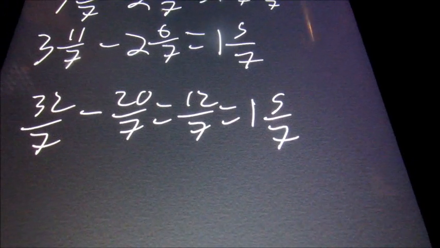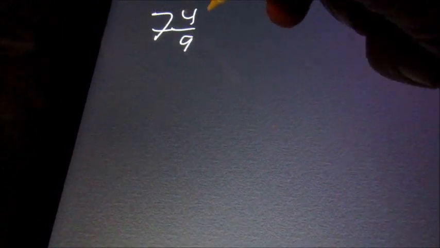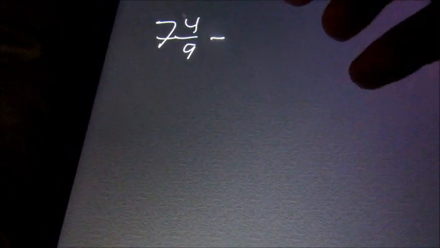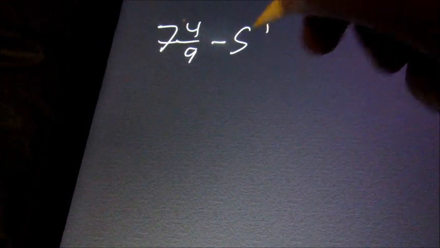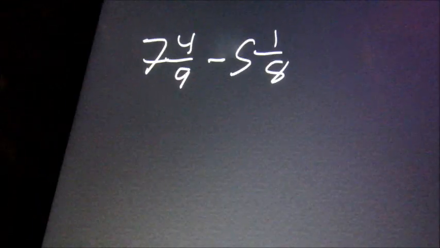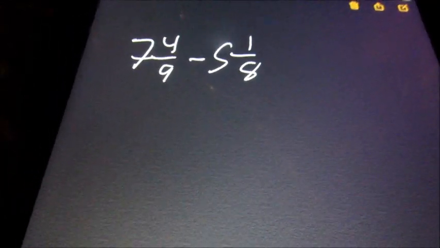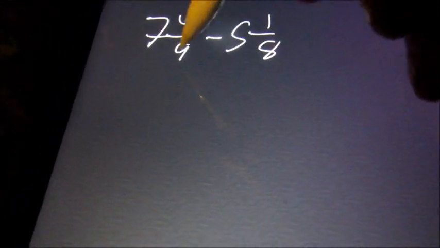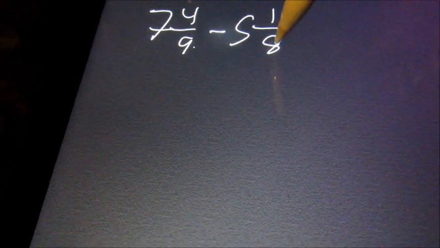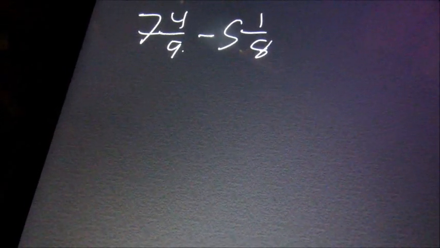So next, I'm going to do 7 and 4 over 9 minus 5 and 1 over 8. Okay, so again, I'm going to do this with the common denominator, which here would be 72.